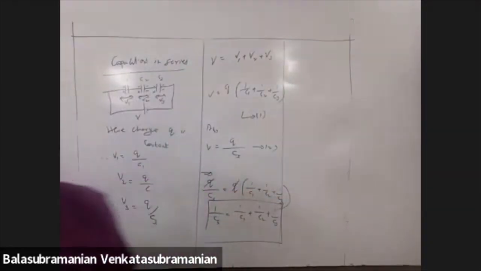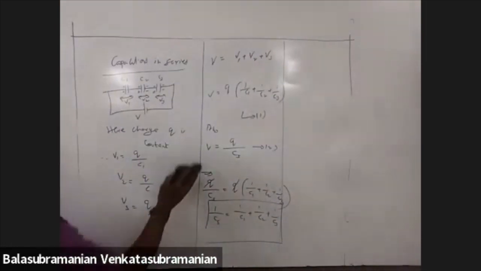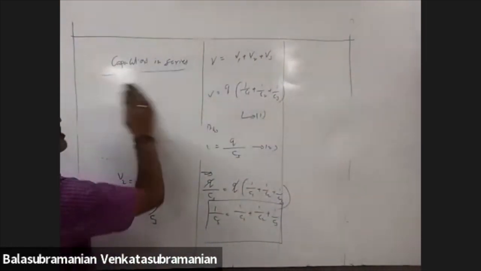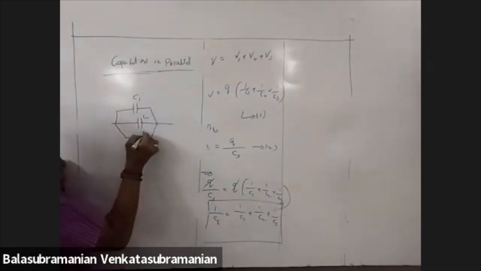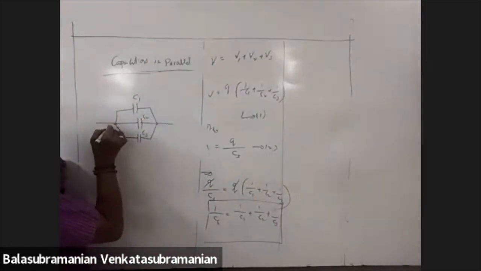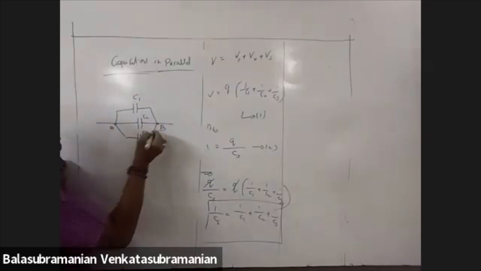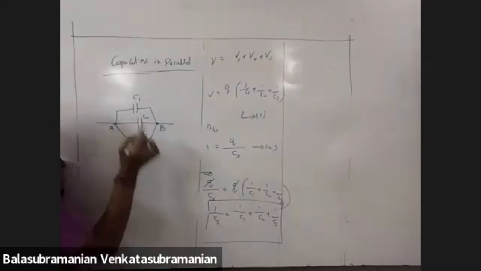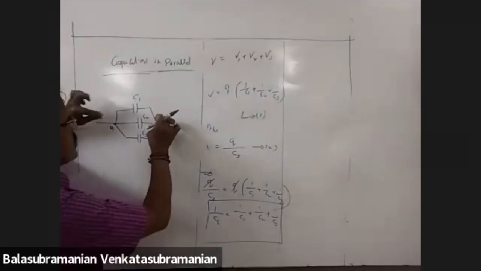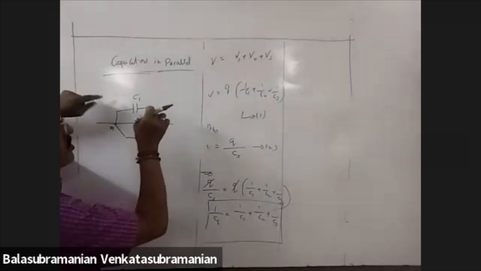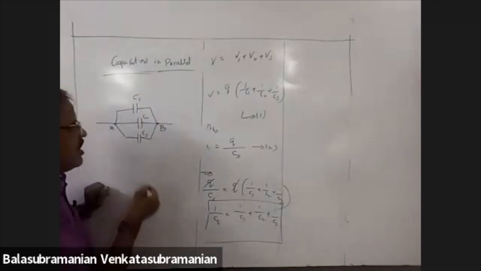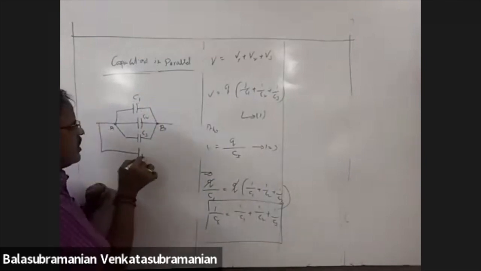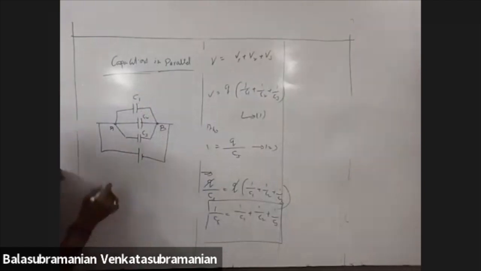Okay, fine. Next, capacitors in parallel: C1, C2, C3. For all the three capacitors, starting point is A, ending point is B. So the potential difference between any two points, that is across C1, across C2, across C3, anything you take, is always constant.